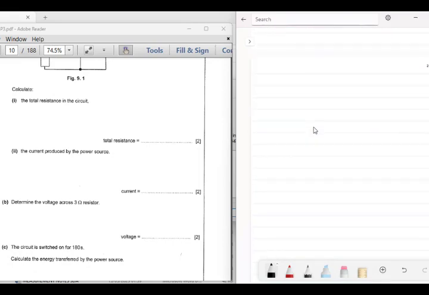Okay, we can go to the next page. Remember, I redrew the circuit to look like this, right? There was 4 ohms here, and we had 1.2 ohms here, and we had just 9 volts, right?